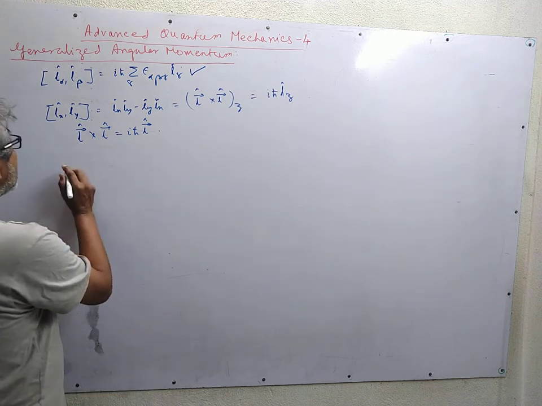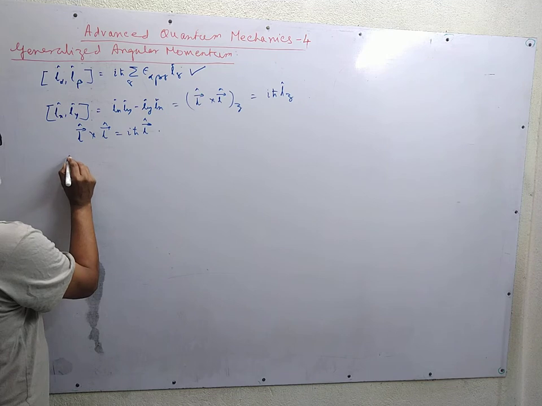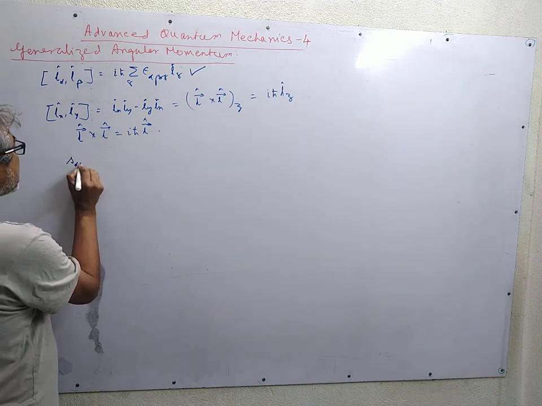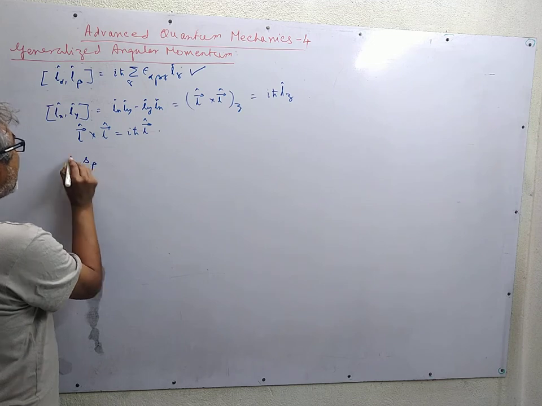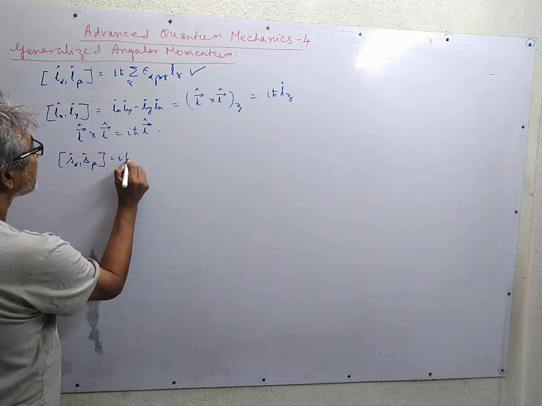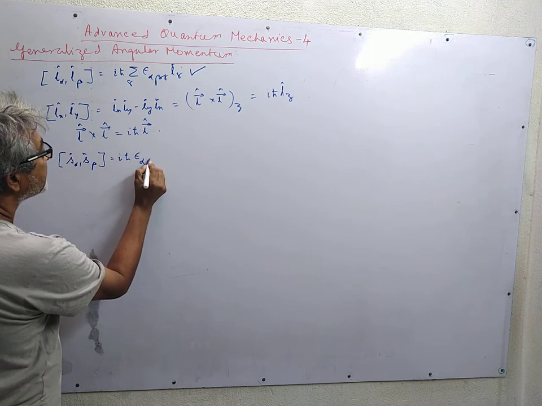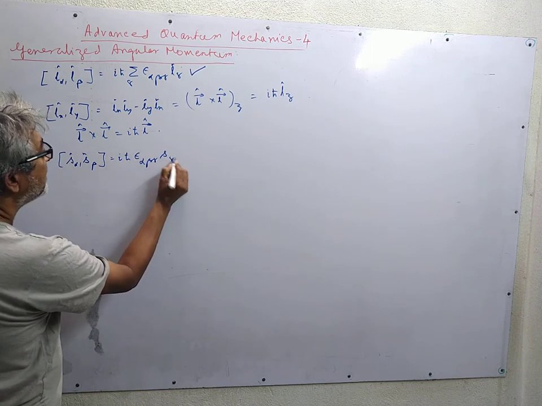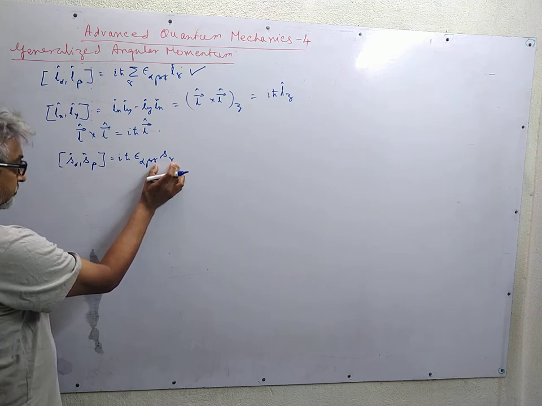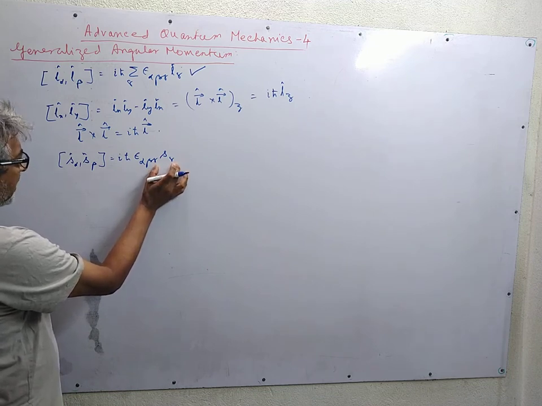So we see that for spin the relation is S alpha S beta commutator is equal to i h-bar epsilon alpha beta gamma S gamma, where there is a repeated index gamma, so the summation over gamma is implied.